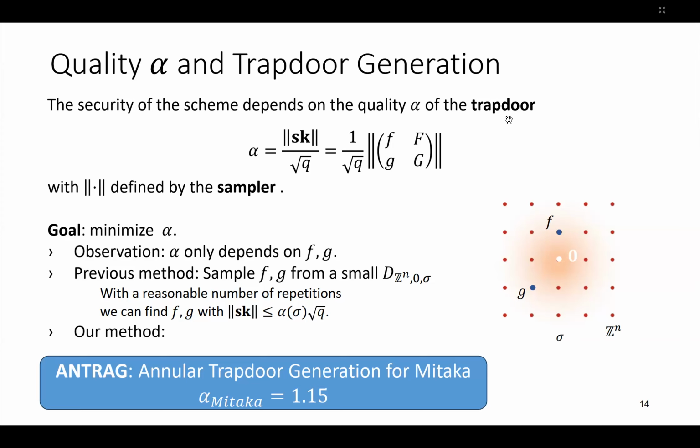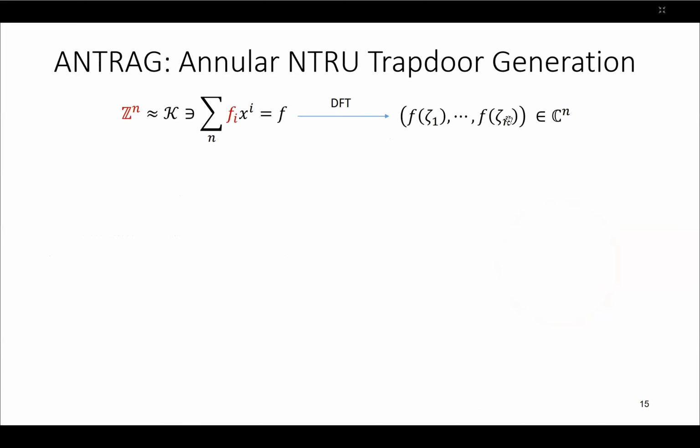So how do we do this? We revise the definition of the norm of f and g, the trapdoor, in the hybrid matrix, so that we can find a better sampling method and a more compatible sampling distribution, or sampling domain, for the hybrid sampler.